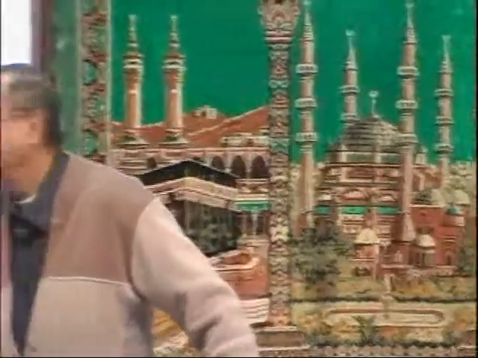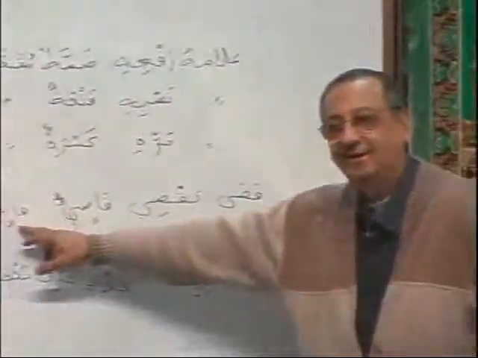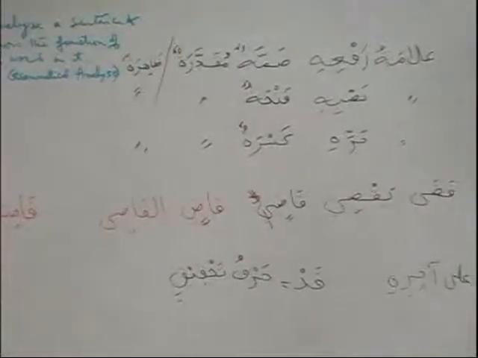So maybe the mankus is مَحْذُوفَ الْيَاءِ. What is the meaning of this, man? Drop of the ya. So when will be that situation, Sister Maimuna? Qadin. So in Qadin the ya is dropped.